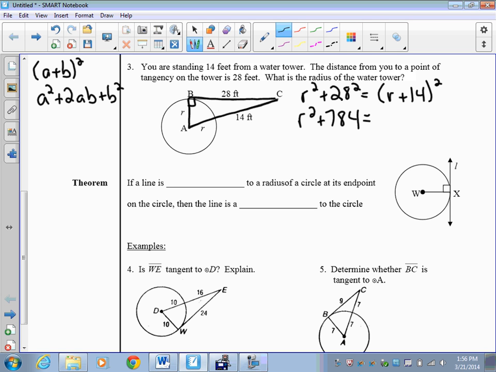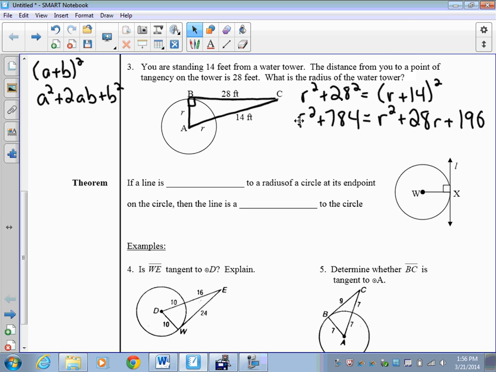So what I'm going to get is r squared plus 2 times 14 is 28r plus 14 squared, which is 196. What happens with the r squares is that they're going to go away because there's an r squared on each side. I need to subtract 196 from each side to solve for r.